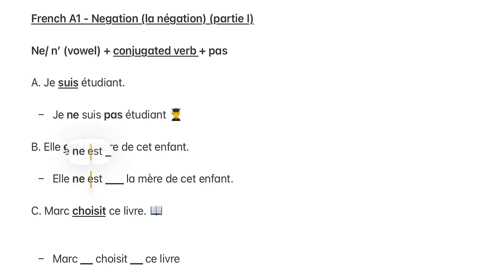However, seeing that est starts with a vowel, instead of using ne, we will use an apostrophe. And we add pas after the conjugated verb. So our final answer will be Elle n'est pas la mère de cet enfant. She is not the mother of this child.